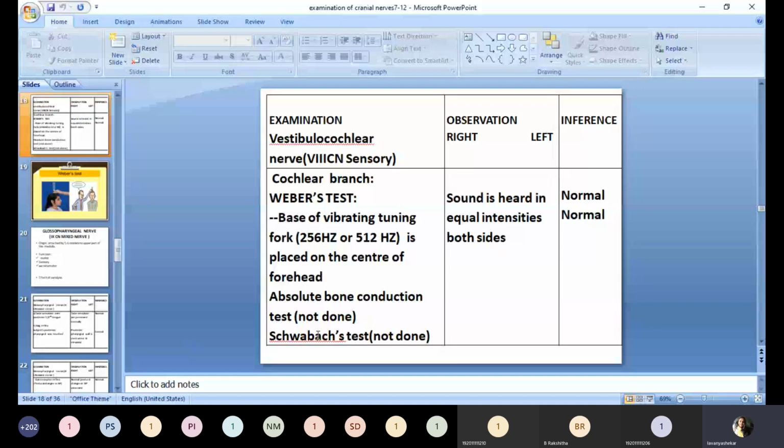So for the vestibulocochlear nerve we are going to check Rene's test and Weber's test. Also we are not going to do the watch test and whisper test, but you should know these are the different tests that we do to check the vestibulocochlear nerve.